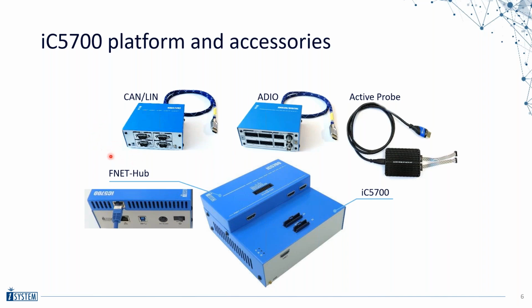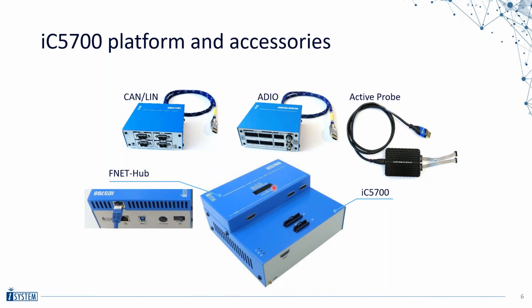We can trace CAN-LIN signals and buses, and we can also generate CAN-LIN messages to the buses. The next module is the so-called ADIO. It has several digital IOs and also analog inputs and outputs. Both of those modules can be connected over this FNet port to our debugger.